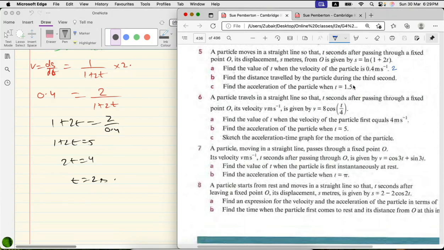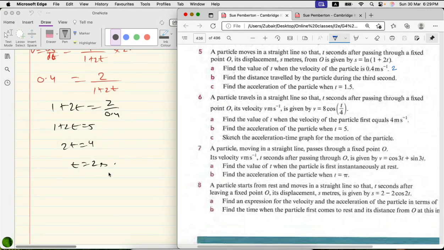Find the distance traveled by the particle during the third second. The distance traveled is the displacement at time 2 and time 3.